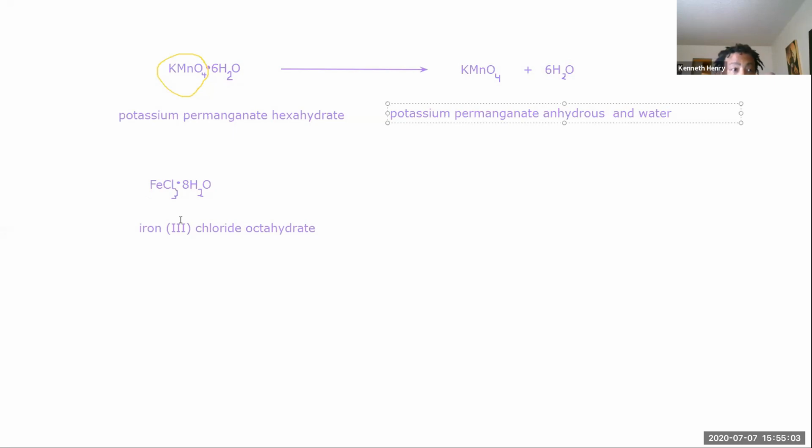Each molecule of iron 3 chloride has 8 water surrounding it. Now, when you separate it, that means that you have just your iron chloride and water independent. They're separated from each other. In most cases, we turned it into a gas and it evaporated off, right? So, piece of cake, simple. Okay, excellent.